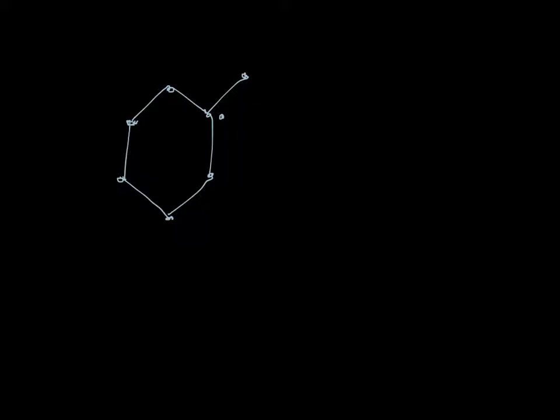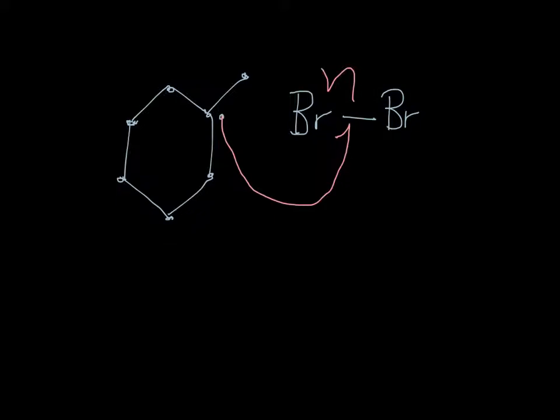And now what it can do is it can go on and either attack another alkane or even another halogen. So in a different color, I'm going to show how this electron will come and break the Br bond, where one electron will go with the new bromine and the other electron will go to form the bond with cyclohexane, what had been the methyl cyclohexane.